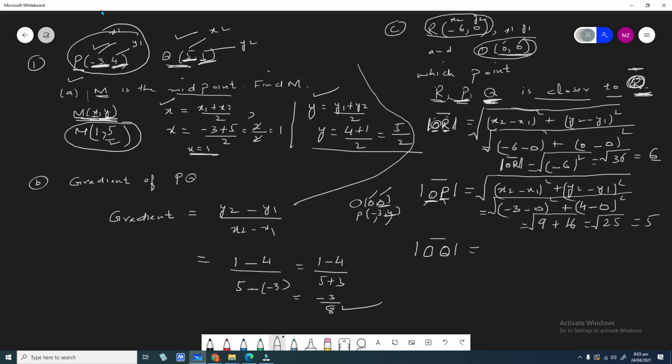Now we will be calculating the distance of O with Q, that is the OQ mod value, the absolute value. So O we know is 0, 0, and Q is given here, which is 5, 1. So again we will be using the same distance formula, that is x2 minus x1 whole square plus y2 minus y1 whole square under root.